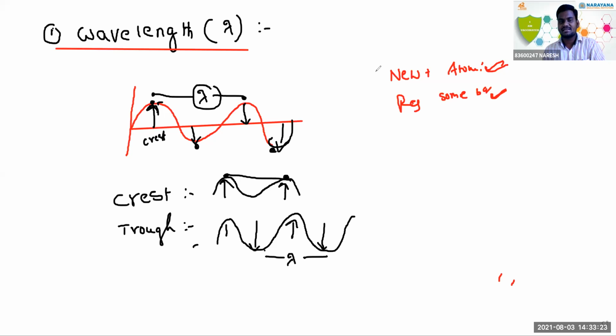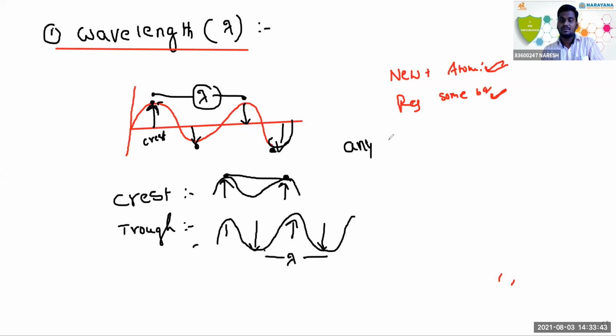So once again, what is wavelength? Especially new batch students, write this down. The distance between any two successive crests or troughs is called wavelength, denoted by lambda. This is a crest and this is a crest.